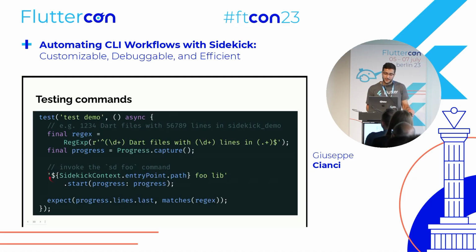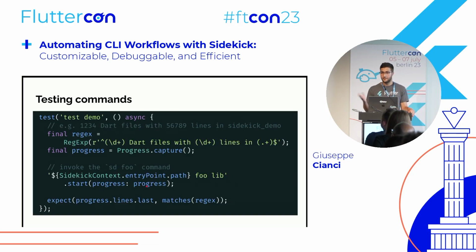And then I want to call my command. And for this, I can again use this pretty cool Sidekick context helper here. I get the entry point, which is the executable SD file, and I execute the foo command with lib as positional path parameter, and then I just start it, and I also pass this progress variable. I can use this to capture the output of a command.